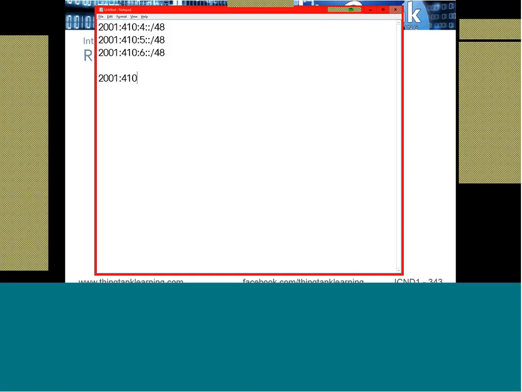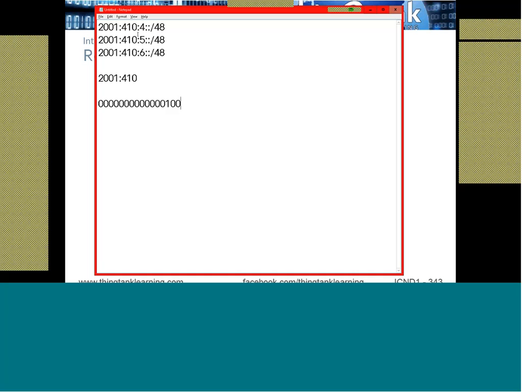2001:410 is common to each one of these networks. I convert 4 to binary. Now, keep in mind, when you're converting 4 to binary, make sure that you're using all the bits, right? 0000, 0000, 0000, 0100.